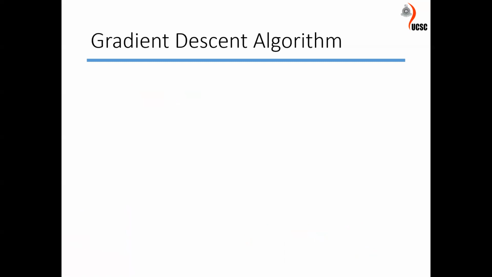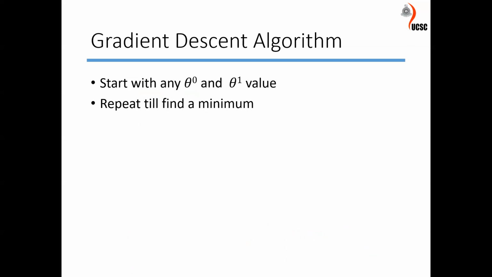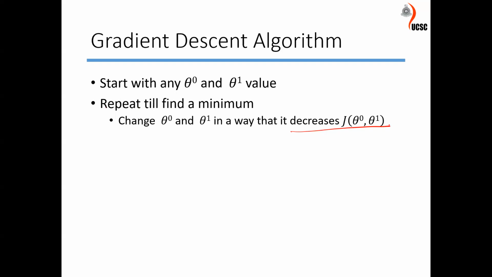For that, we are using the gradient descent algorithm. We can start with any theta naught and theta 1. Then we repeat an update until we get the minimum cost value, updating theta naught and theta 1 in a way that decreases the cost function. At one point you will get the minimum value.